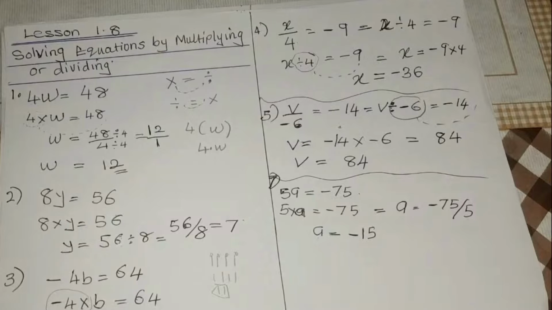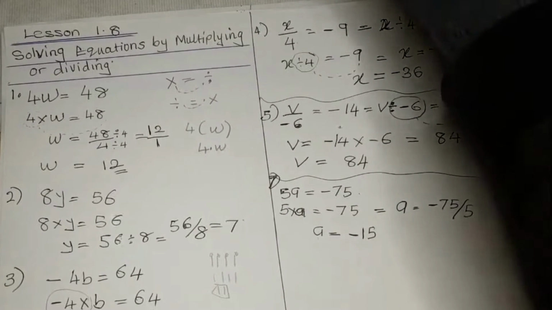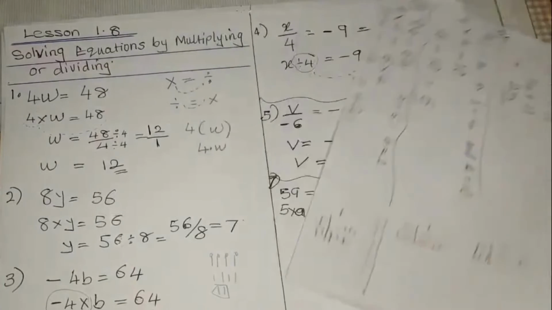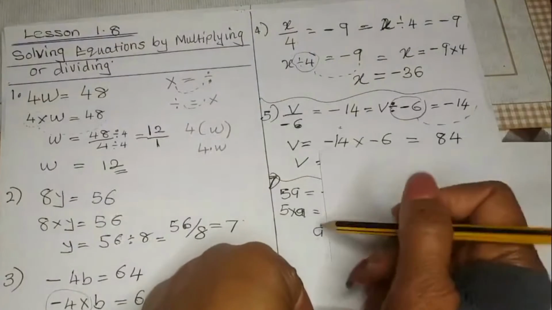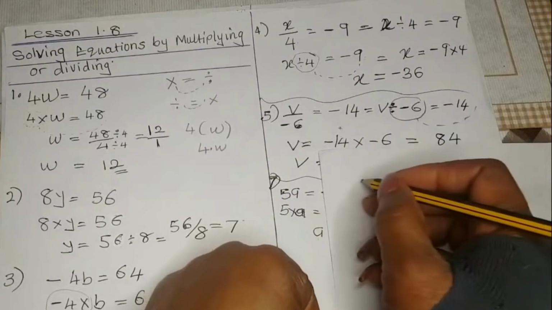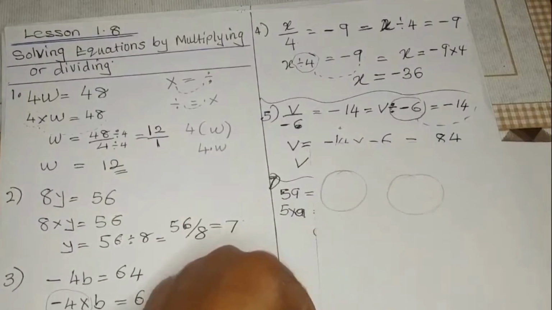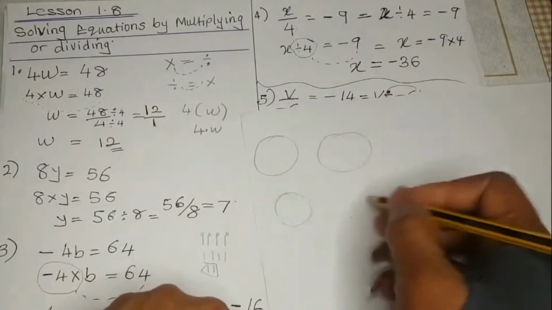If you don't want to count it, there are many ways of doing division. You can multiply: which number, when you multiply it by 5, will give you 75? If you don't want to count, you can make circles: 1, 2, 3, 4, and 5.